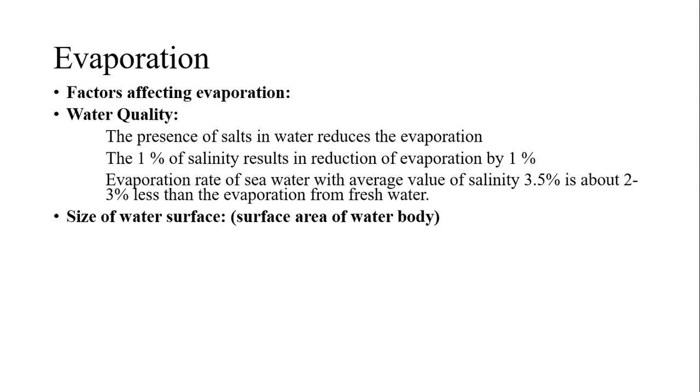It means the chance for the water molecules to evaporate increases, because in a 10 centimeter diameter pan the water molecules at the top surface have only the area of pi by 4 into 10 square, and in a 20 centimeter diameter pan the molecules have the surface area of pi by 4 into 20 square, a greater chance to evaporate.